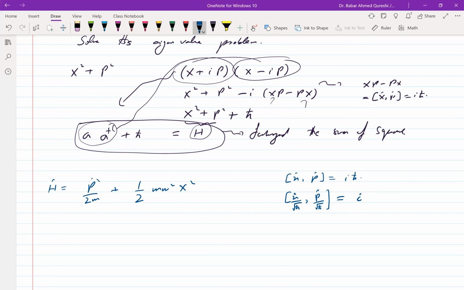So this is the kind of thing which I want here. And I have these two m's, so I'm just going to redefine things. So let me take this h bar out because I have a square here. And let's take this omega out. If I pull them out, I get h bar omega over 2 h bar x hat square.